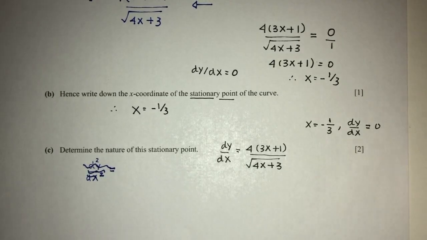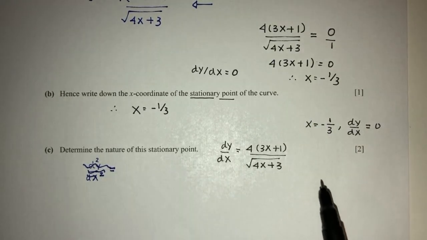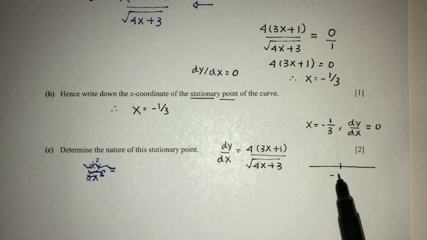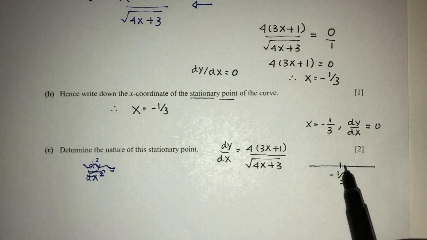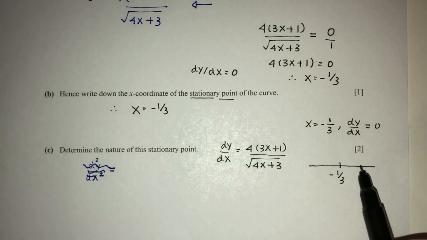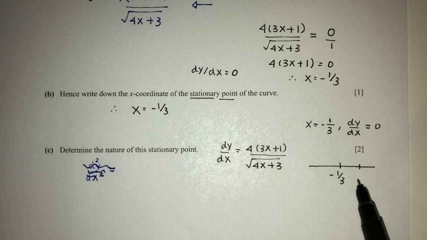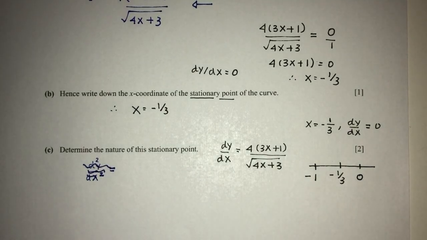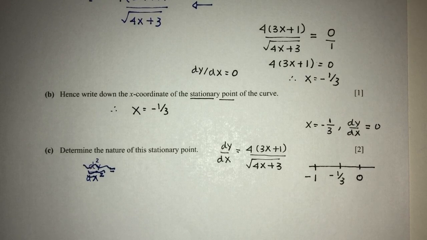Now, if you look at our number line, let's say this is minus 1 over 3. Let's choose a number which is over here and choose something which is over here. So here we can choose the number, let's say we choose 1, or we can choose 0. Here we can choose minus 1. So let's see what happens to dy by dx for those two values.